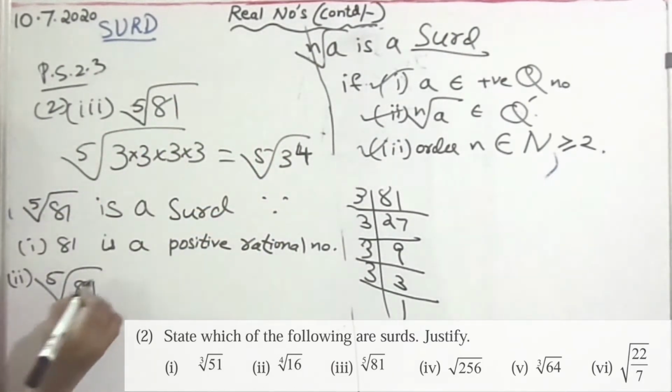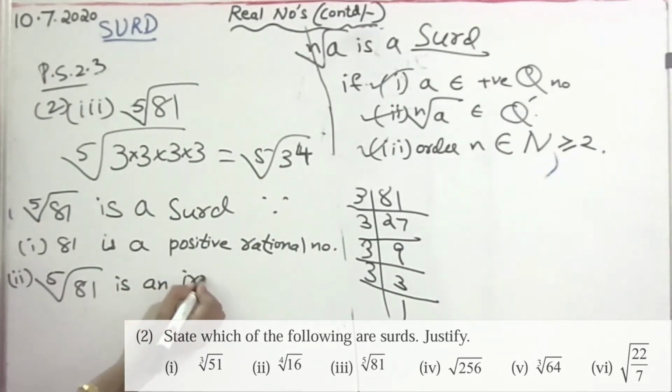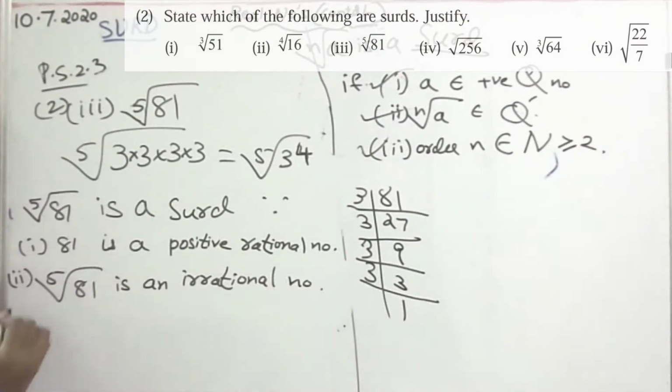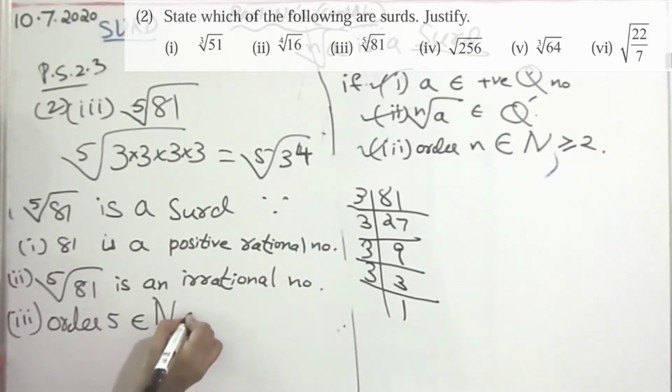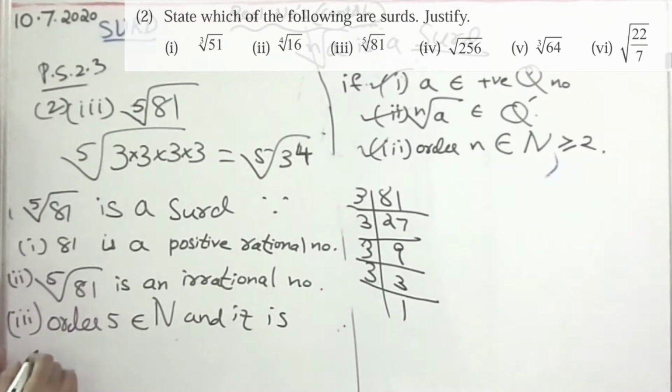So fifth root of 81 is an irrational number. And the order 5 belongs to the set of natural numbers and it is greater than 2. All three conditions satisfied, therefore it is a surd. Okay, copy it down.